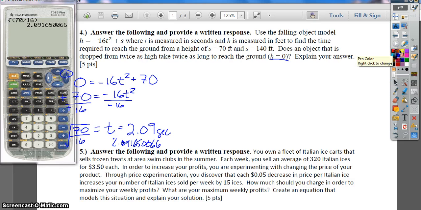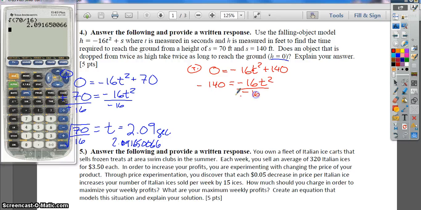I'll put this one in red. The second time through, second verse, it's pretty much the same as the first. It's just this time your S is going to be 140. 0 minus 140 equals -16t squared. Divide by -16, that becomes positive, so I have 140 over 16. I get rid of the square by square rooting. And we're not interested in the negative answer, we're only interested in the positive.